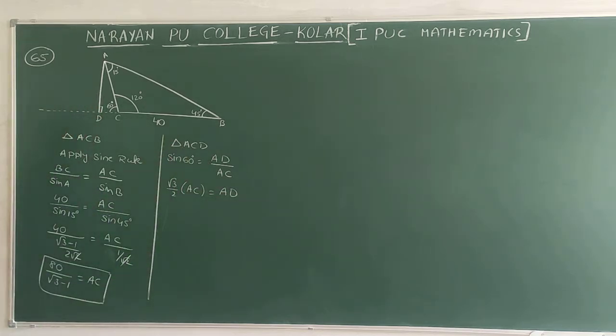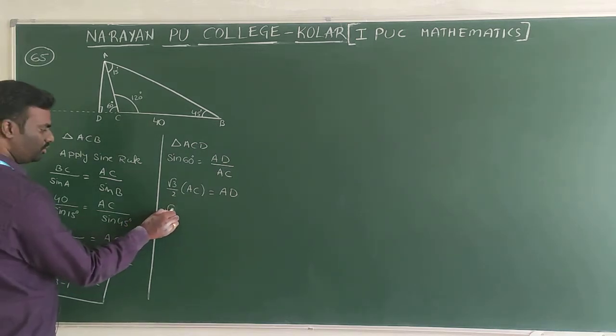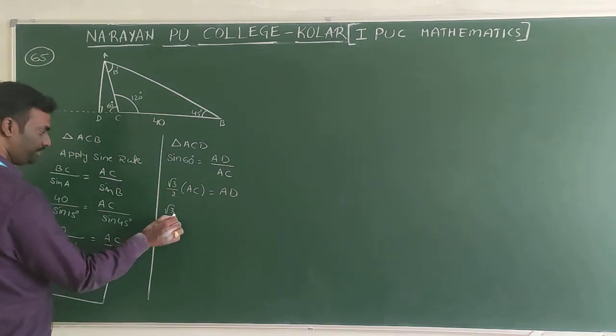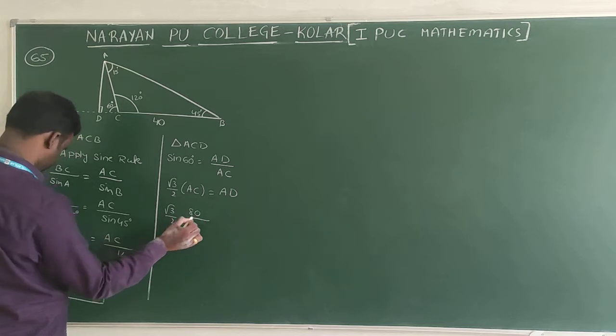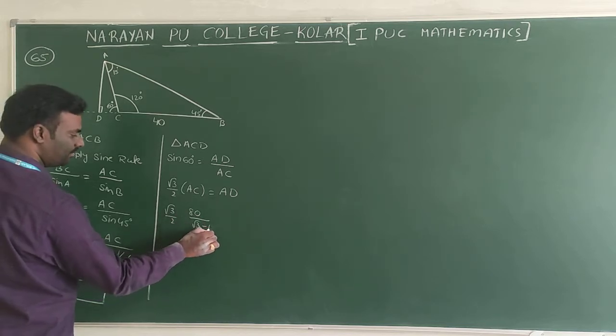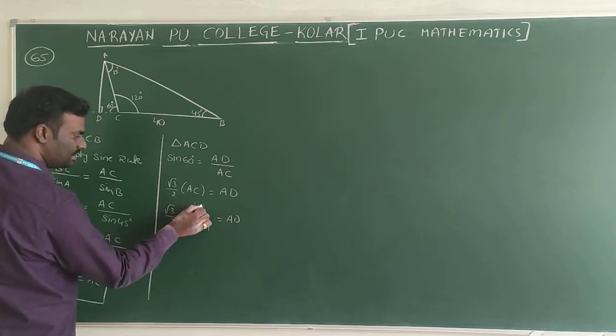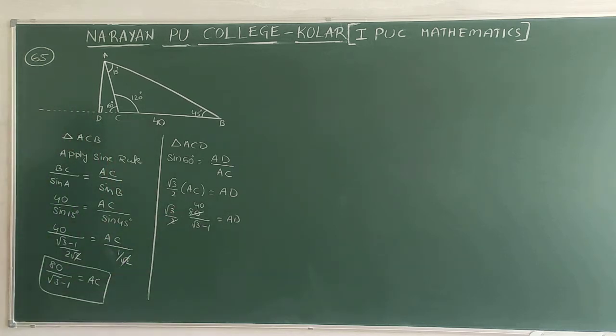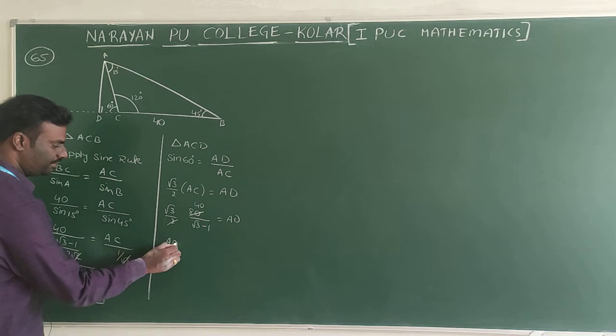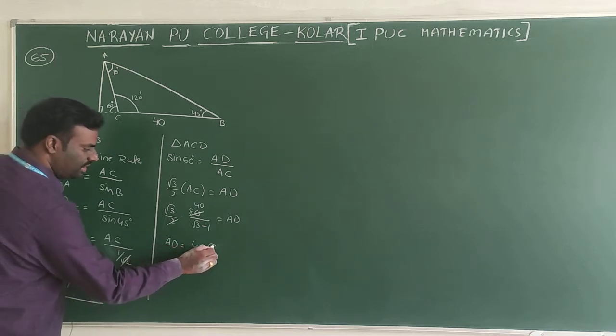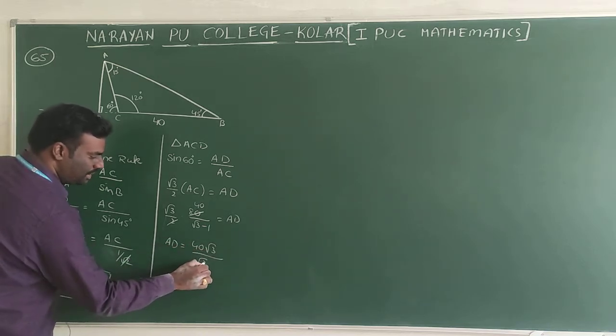AC value we already got. Root 3 by 2 into 80 by root 3 minus 1 is equal to AD. Now 2 and 80 cancel, giving 40. Now AD is equal to 40 root 3 by root 3 minus 1.